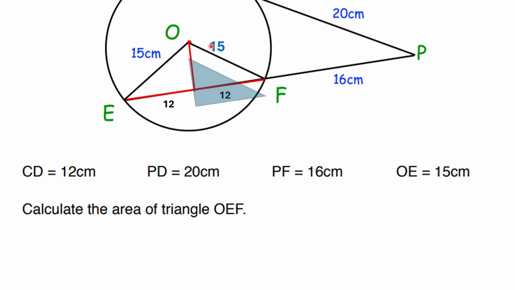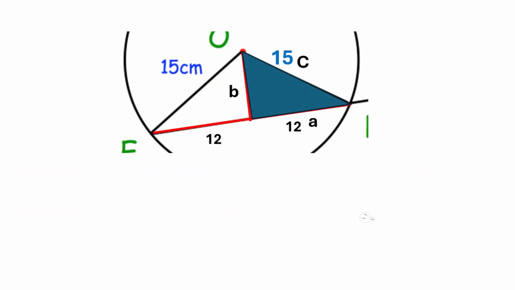Now we can use Pythagoras on this triangle, right? We have 15, we have 12, we need this. Let's just call them A, B, and C like in Pythagoras. Let's solve Pythagoras theorem now. We know C squared is equal to A squared plus B squared.